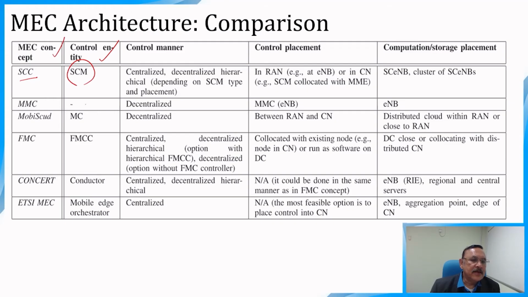In MMC there is no control entity, in MobiSCAT it is MC, in FMC it is called FMCC, and in CONSORT it is called conductor. In CMEC it is called mobile edge orchestrator. So in most of the cases you can see there is a control entity.